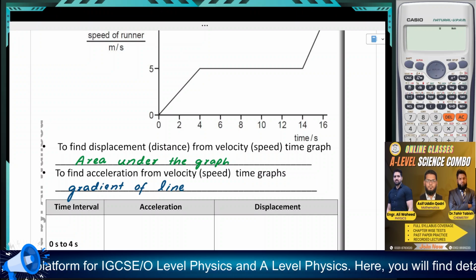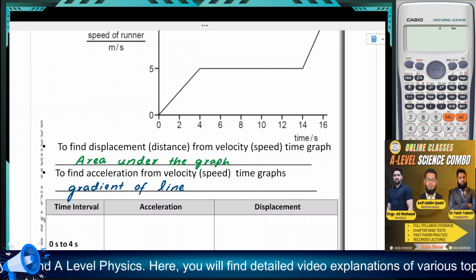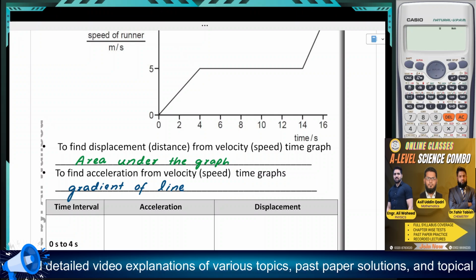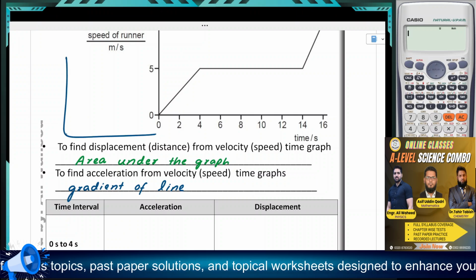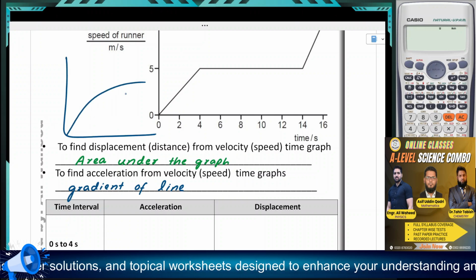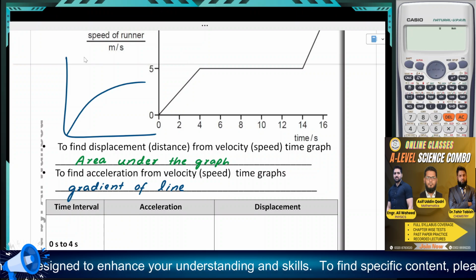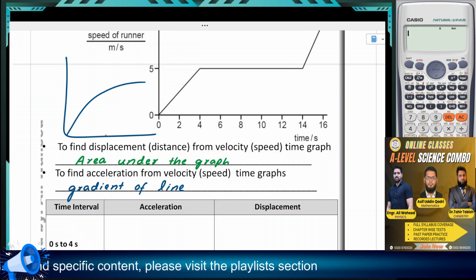If the graph is a straight line, you can choose any 2 points to find the gradient. If the graph is not a straight line, rather a curve, for example this speed time graph, and they ask you to find the acceleration, they would always ask you to find the gradient at a specific time.